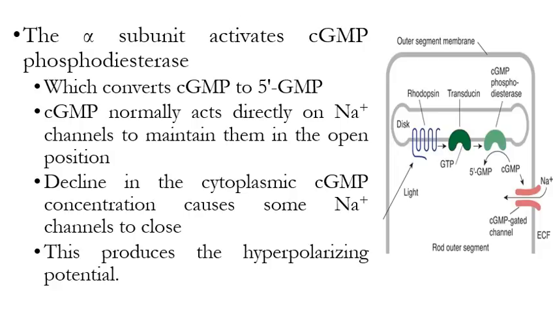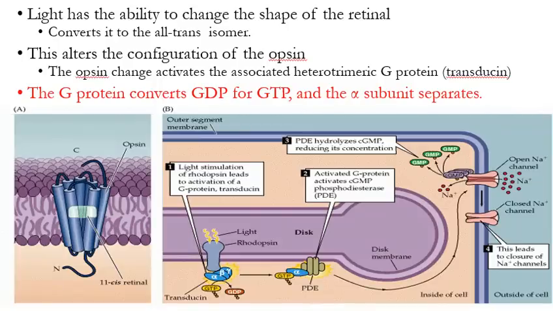So let's tell the story. Before we tell the story, this one is highlighting the fact that it's the alpha subunit that activates the cGMP phosphodiesterase. Have you seen this alpha? The alpha is the one that activates the PDE, which then hydrolyzes the cGMP.